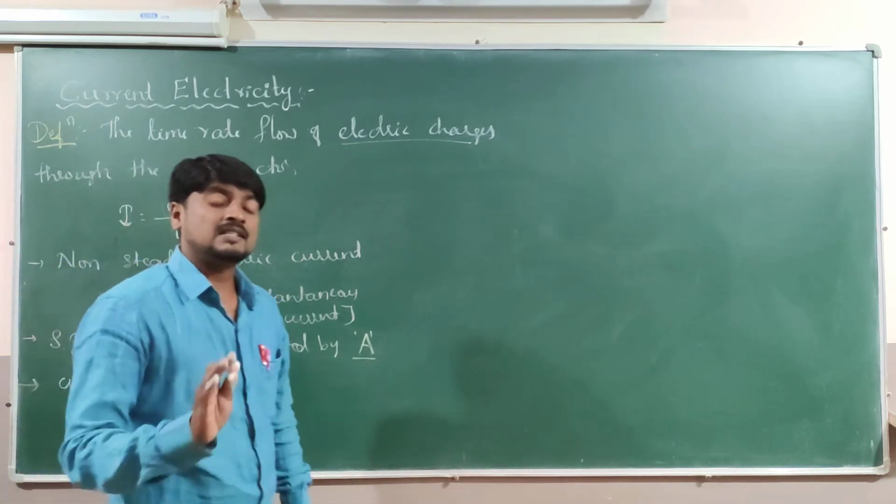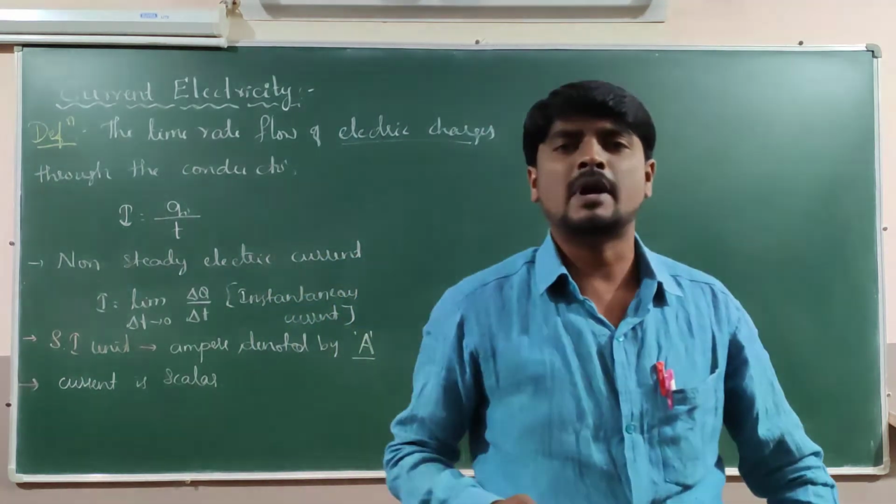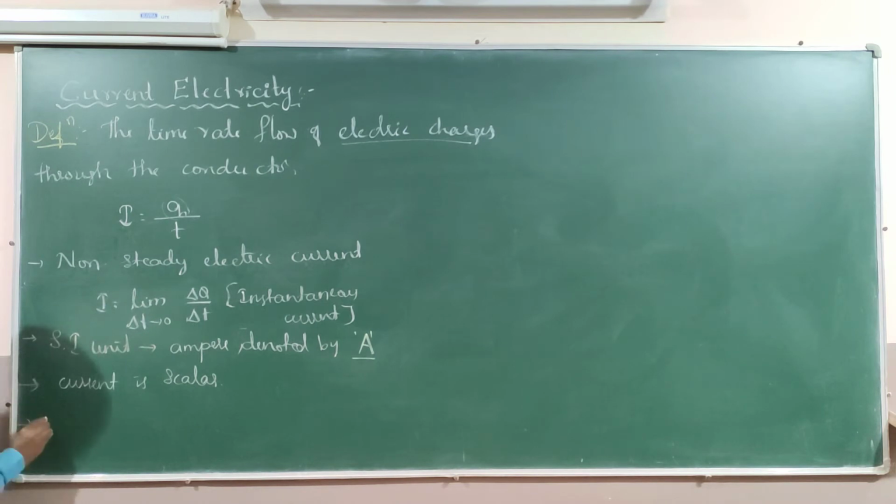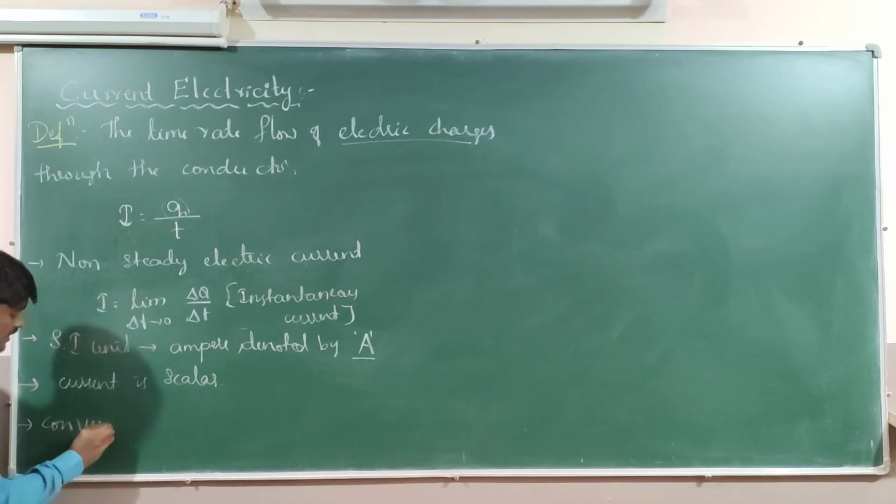Current is not a vector quantity, it is a scalar quantity. It only has magnitude, no direction. And the next thing is the conventional direction of current.